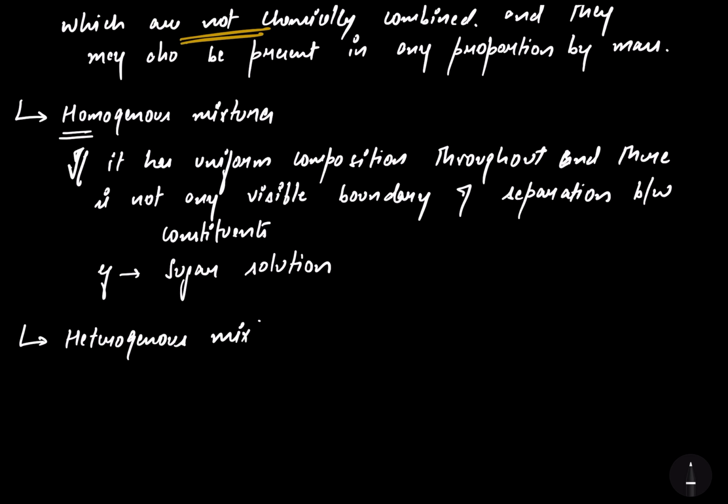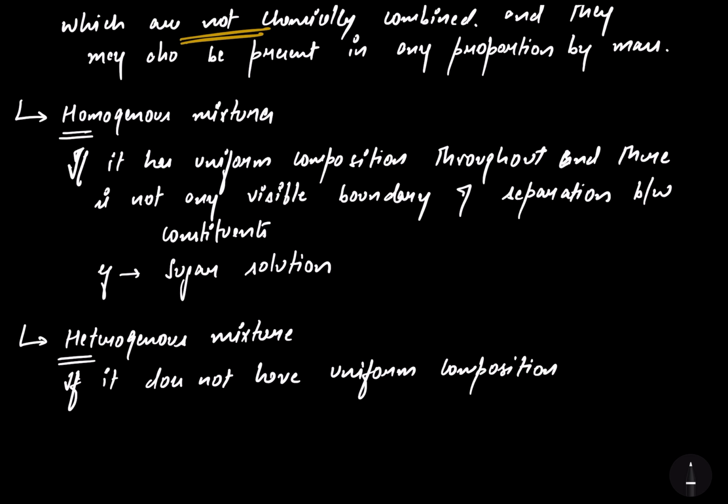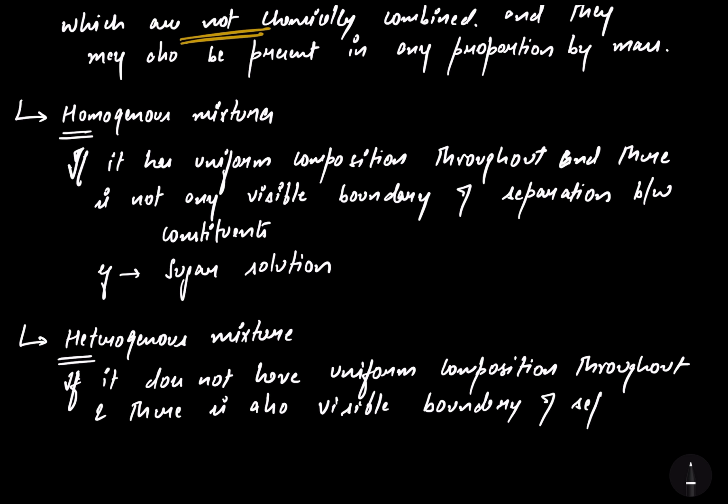What is the heterogeneous mixture? Again, a mixture is said to be heterogeneous if it does not have uniform composition throughout, and there is also a visible boundary of separation.